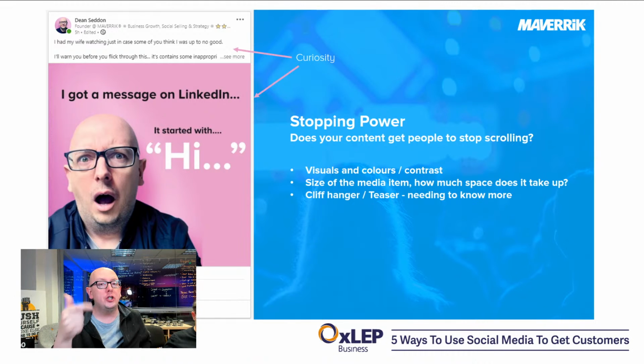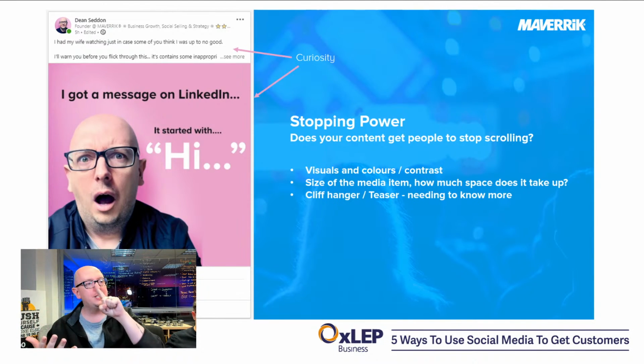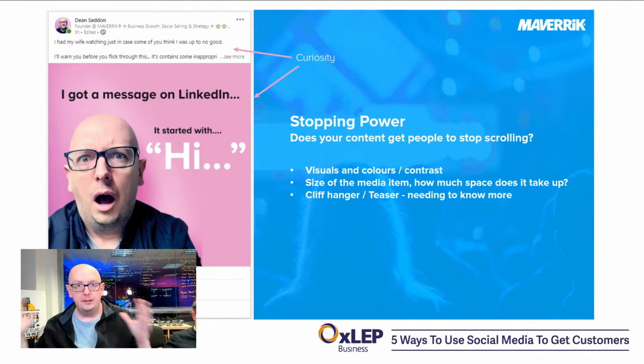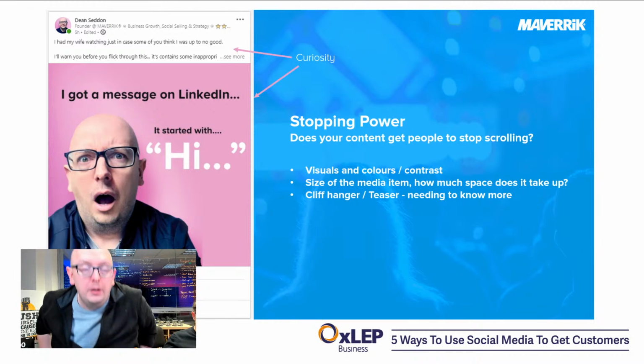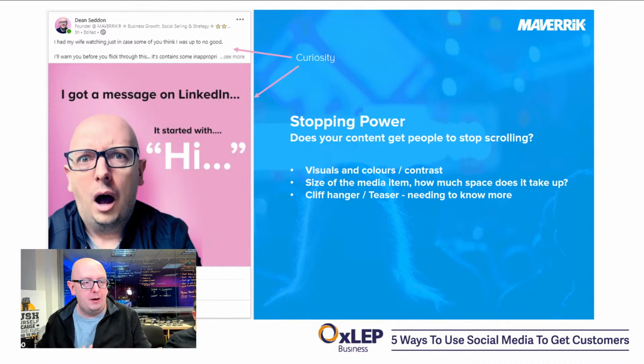If it does not do that, people will scroll on by, and your battle to get the attention of your audience is lost. So the stopping power is the image. Does the image capture people's attention? Is it visual? Does it have lots of contrasting colours? Does it grab attention? If you don't get the attention to stop, they won't stay. And that's the first bit, stopping power.